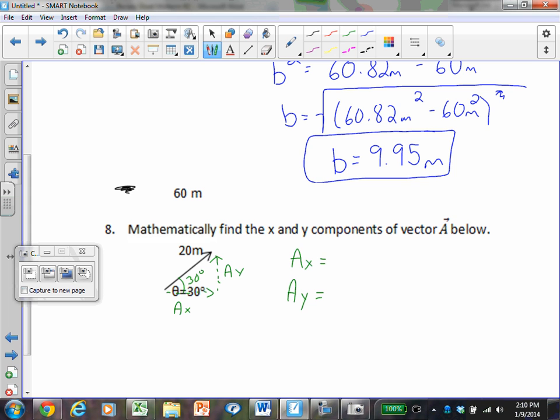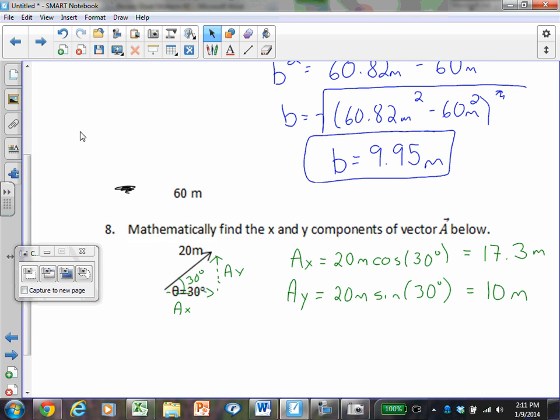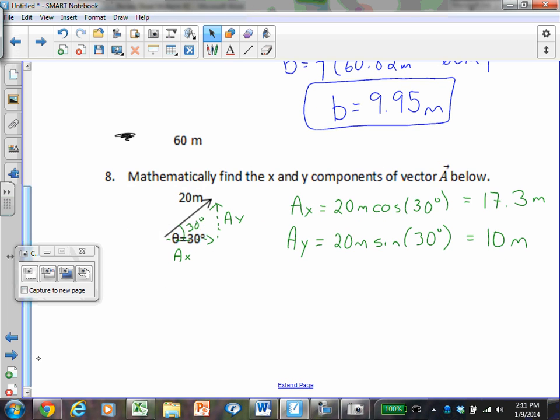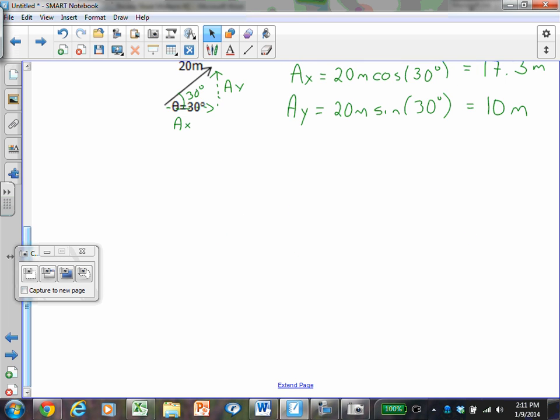Or maybe you need to remember it. AX is 20 meters cosine of 30 degrees. And AY is 20 meters sine of 30 degrees. That's 17.3 meters and 10 meters. So that's pretty simple. Moving right along.